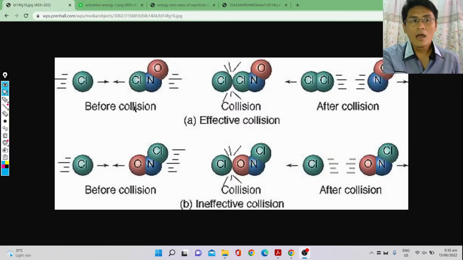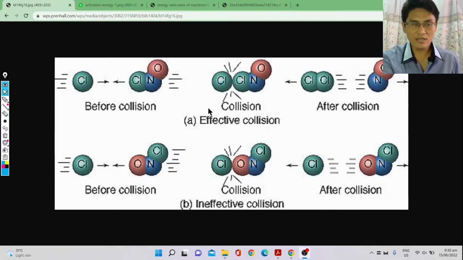And when they collide, they could create effective collisions or they could create ineffective collisions, right? So an effective collision is such that when they collide, for example, here the Cl reacts with this molecule here, because the Cl and the Cl collide, it actually allows the Cl to break from the N bond and create a new bond with that second Cl.